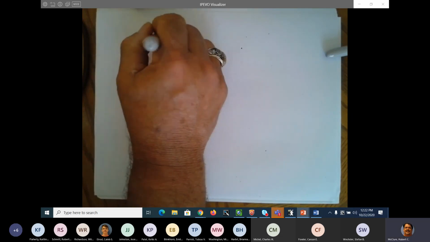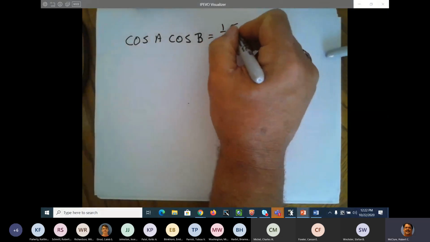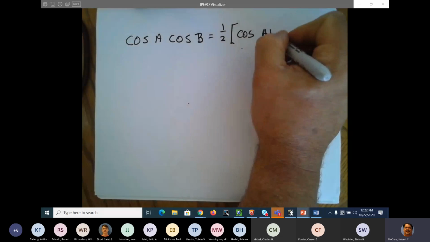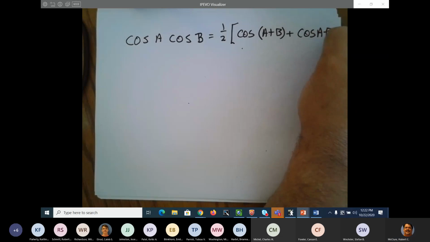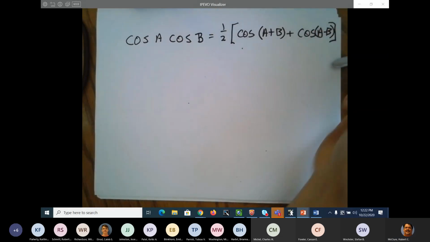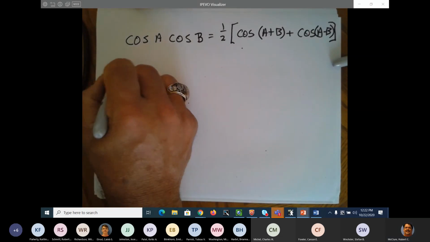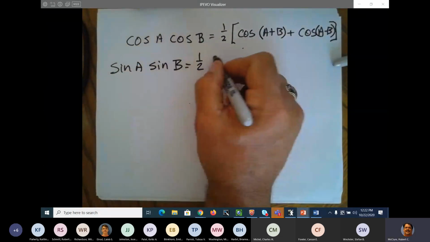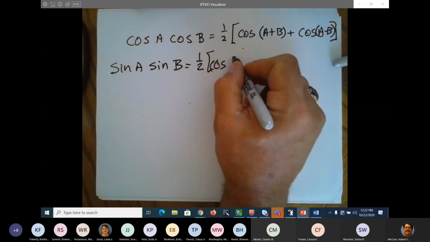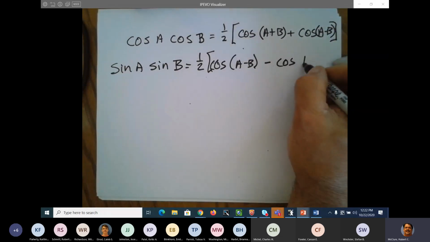Cosine of A cosine of B is equal to 1/2 brackets cosine of A plus B plus cosine of A minus B. Sine of A sine of B is equal to 1/2 cosine of A minus B minus cosine of A plus B. It's kind of backwards.